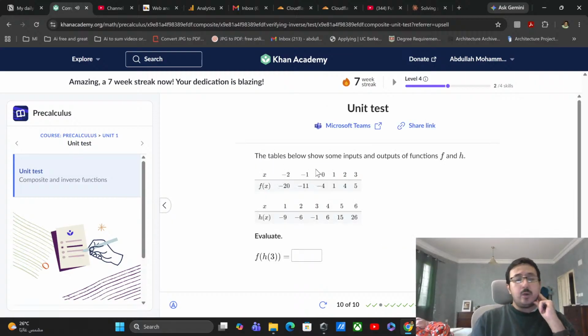Oh my god, I found out that Khan Academy's questions are so tricky, man. They trick you with the tables. With numbers. The tables, it's confusing sometimes. The table below shows some inputs and outputs of functions f and h. Okay, f(h(3)).